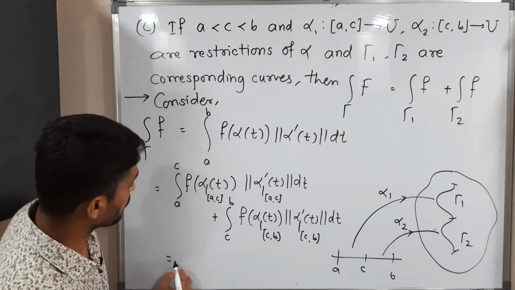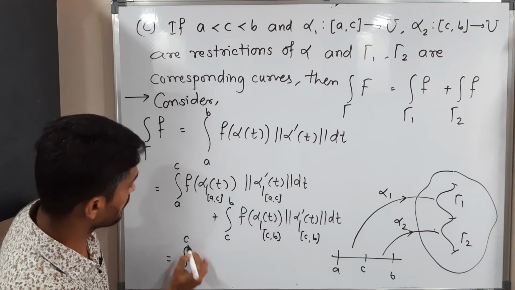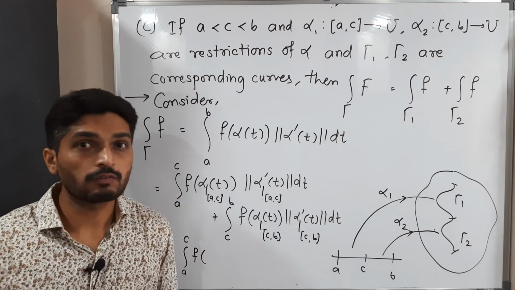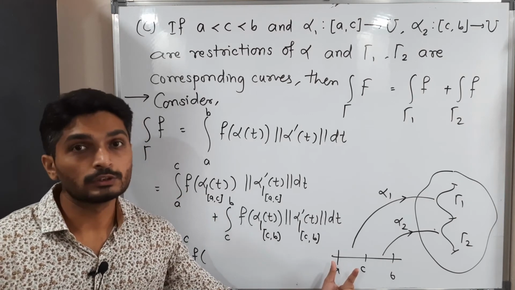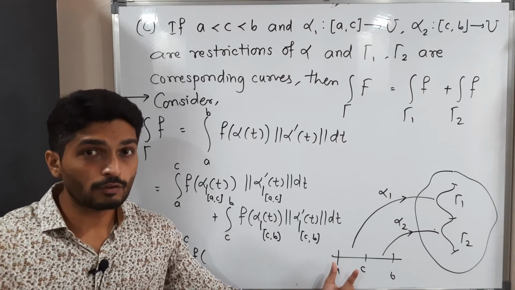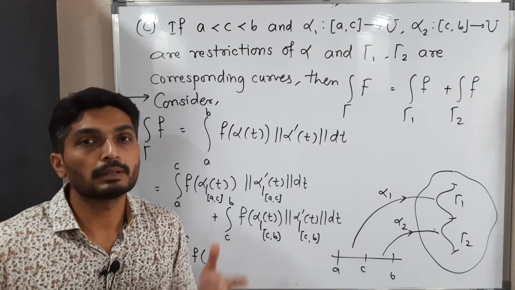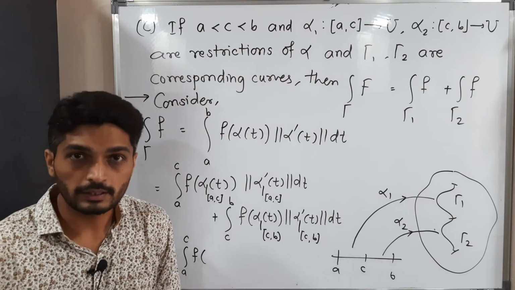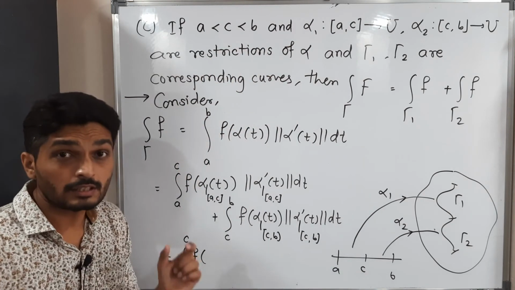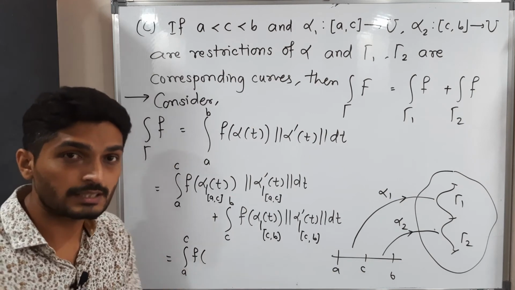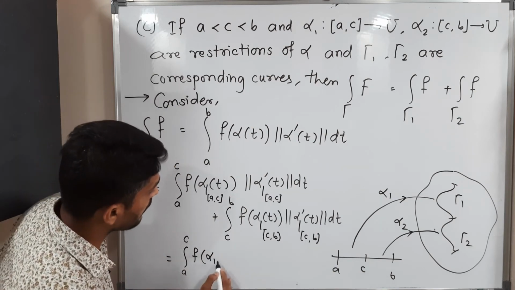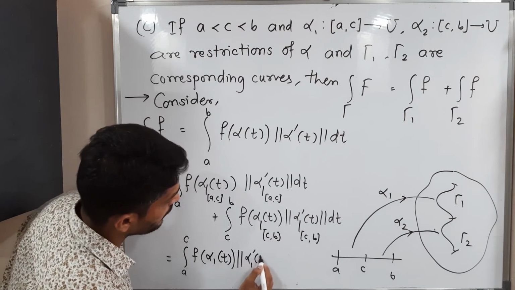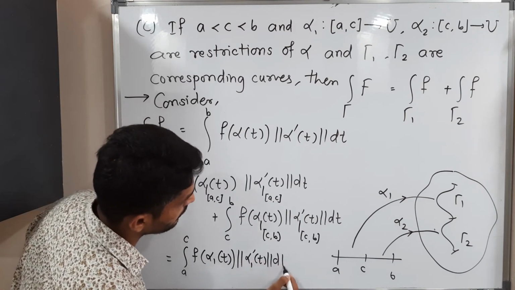So this is equal to the integration from a to c of f of alpha. We have restricted our alpha on this closed interval [a, c]. The restriction of alpha on [a, c] is nothing but alpha 1, since it is clearly mentioned that alpha 1 and alpha 2 are restrictions of alpha. So alpha restricted to [a, c] is nothing but alpha 1 of t, times the norm of alpha 1 dash of t dt.